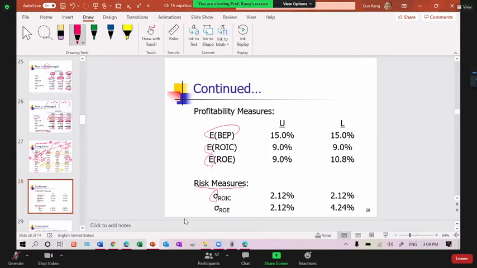So let's just do one. We still use the chapter 2 method.